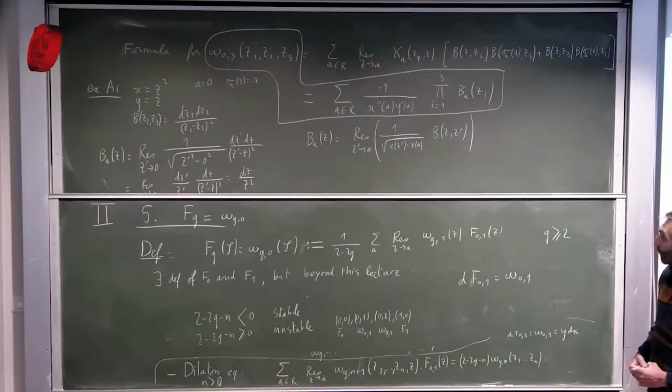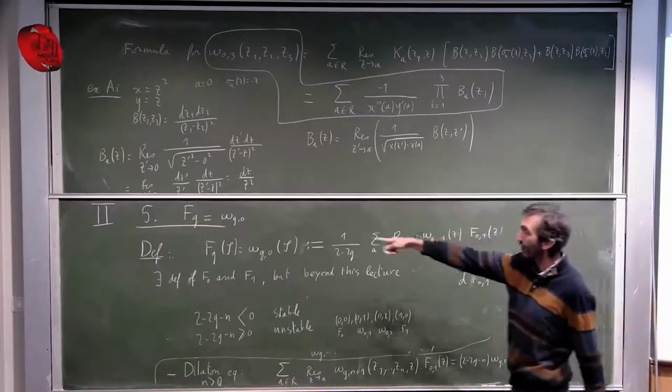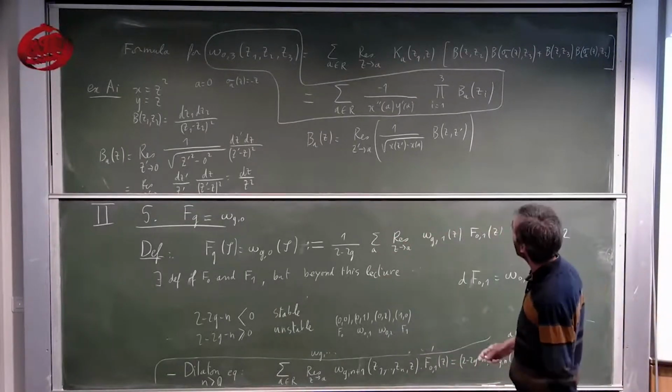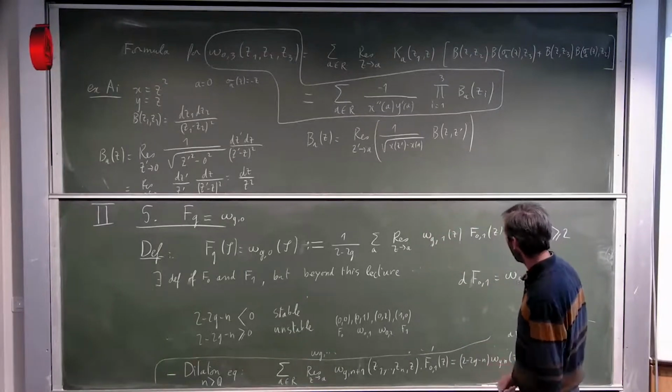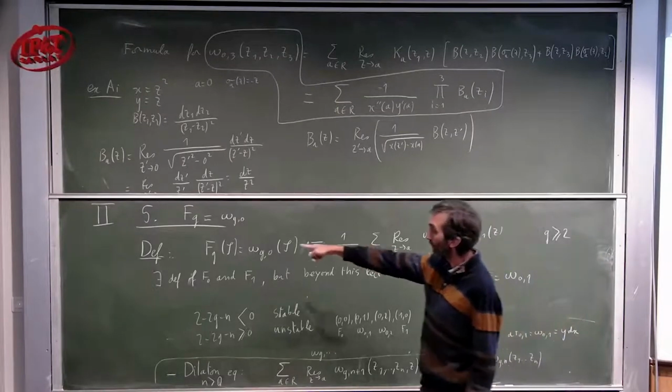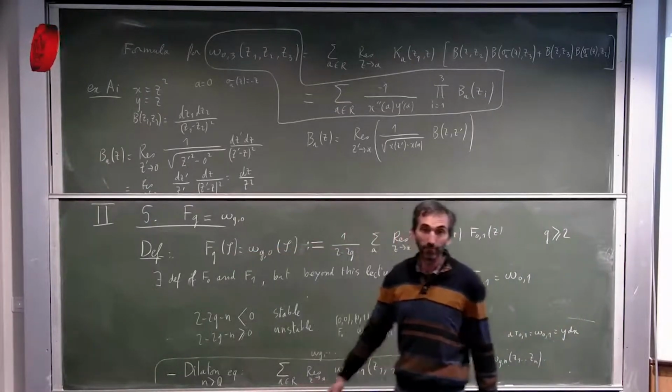So basically, we use the dilaton equation to define Fg. And then it will also satisfy the property of homogeneity. It's homogeneous of degree 2 minus 2g.